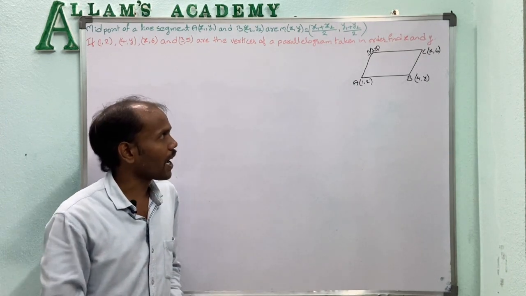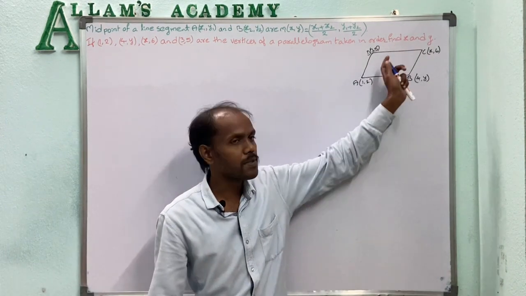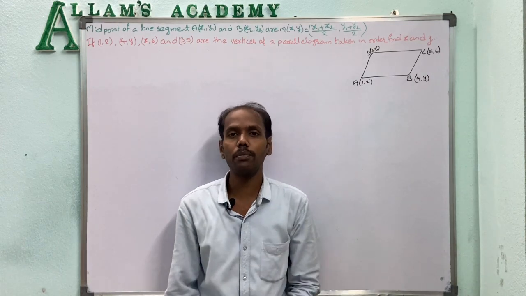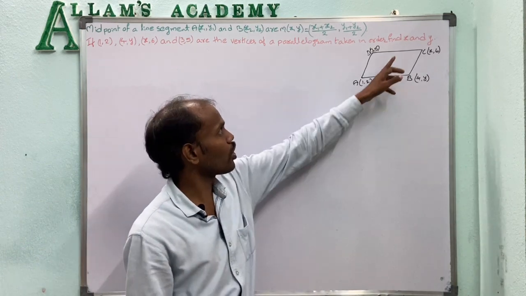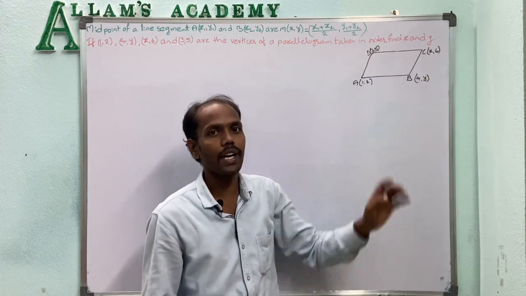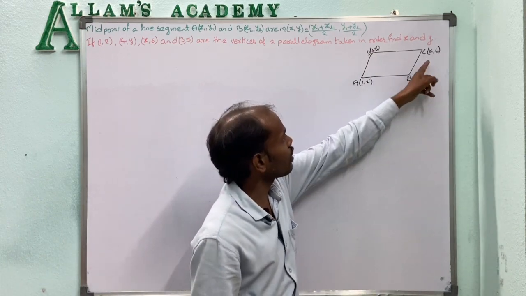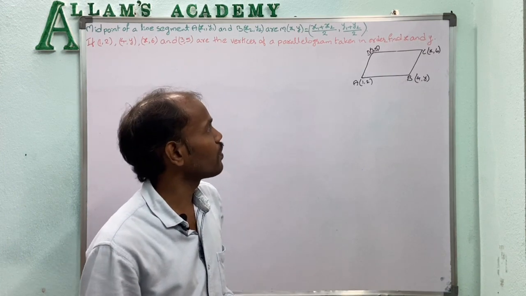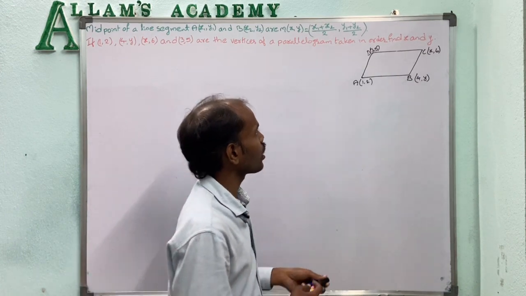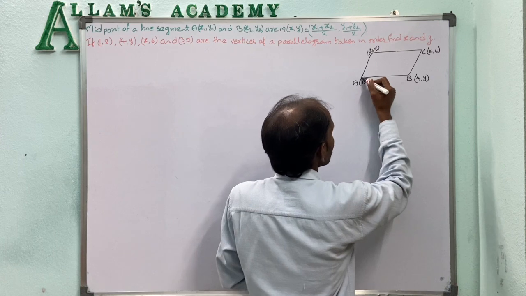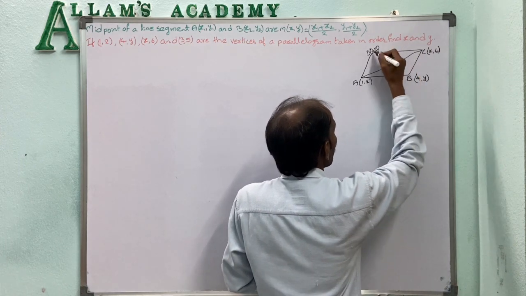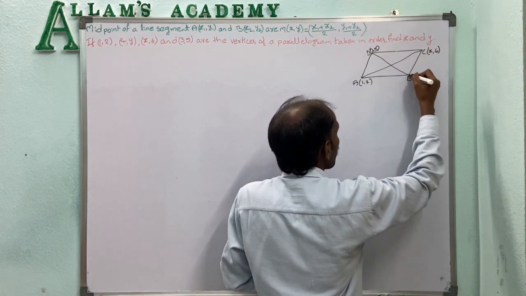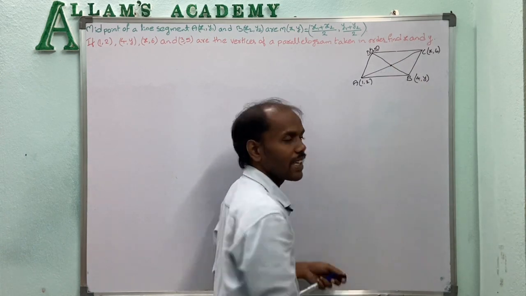In a parallelogram, the properties to remember are that opposite sides are equal and parallel. But if we equate those, it gets somewhat difficult. But we know that in a parallelogram the diagonals are not equal in length, but the two diagonals bisect each other.